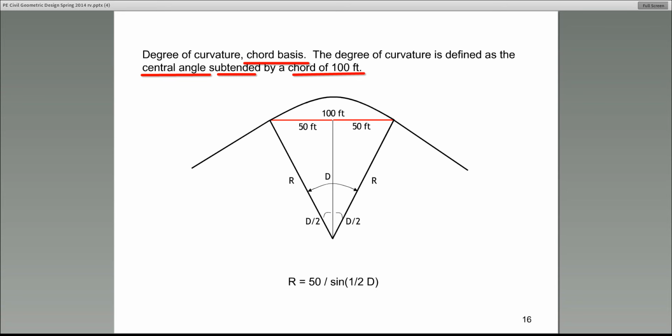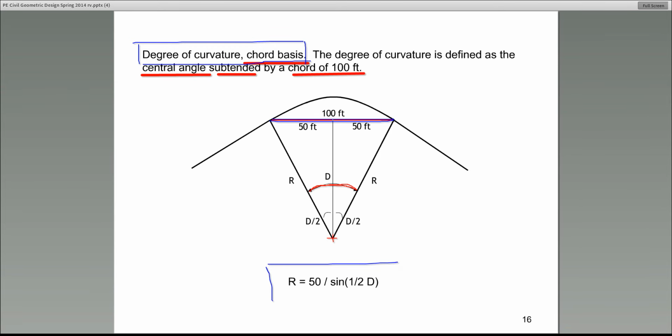Remember I told you this is part of a circle, so it has a center. So at the center, that's called a central angle. So the central angle that subtends a chord that is 100 feet. Whatever that angle happens to be for a given curve, that is defined as the degree of curvature on the chord basis.